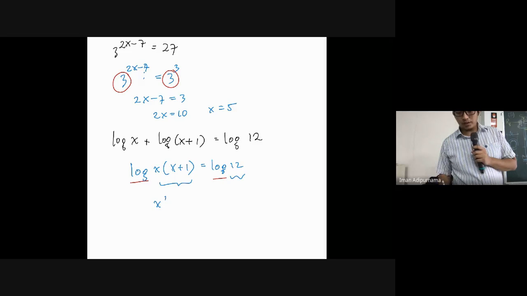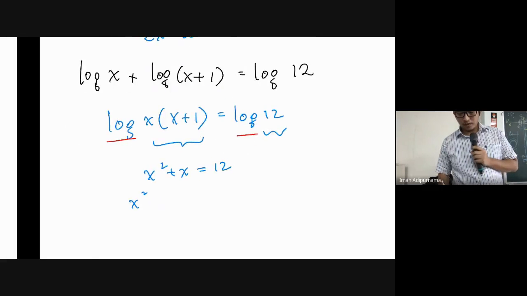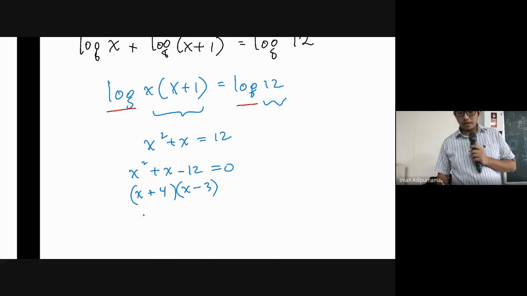So I will write x squared plus x equals 12, or we can solve this as a quadratic function. x squared plus x minus 12 is 0. So we can factorize this to (x plus 4)(x minus 3). Okay. So from here we get x equals -4 or x equals 3.